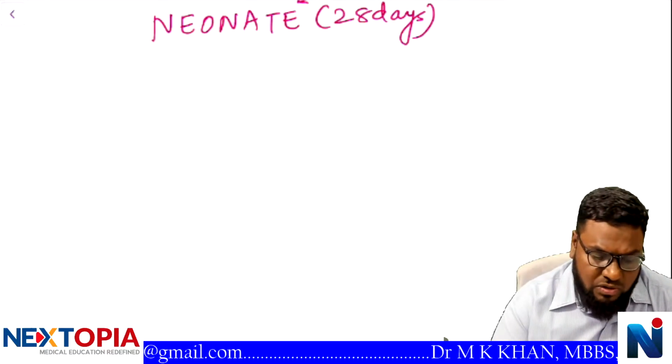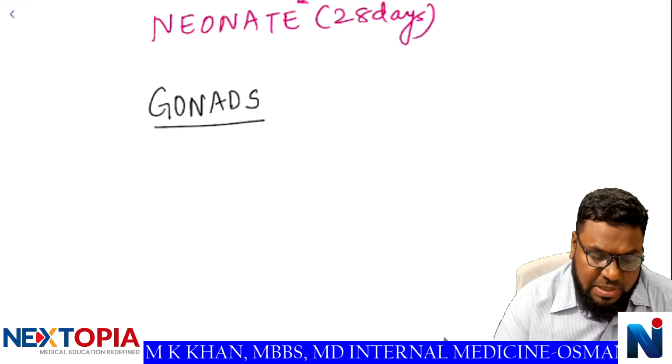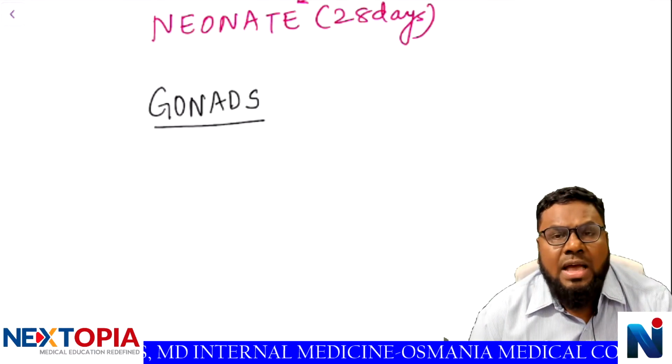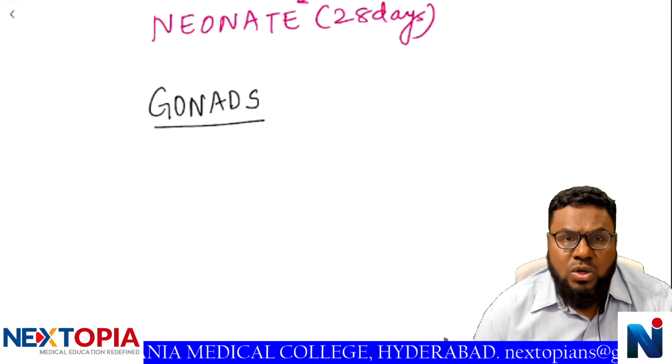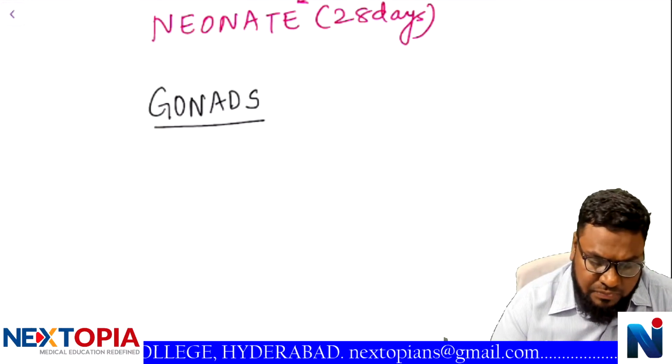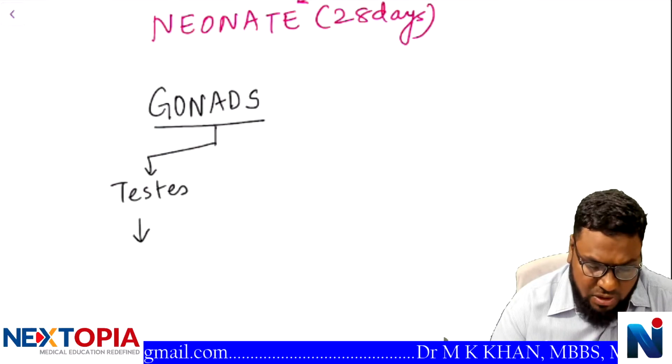This occurs thanks to the presence of gonads in both male and female in the form of testis and the ovary respectively. The male gonad, that is testis, produces spermatozoa.